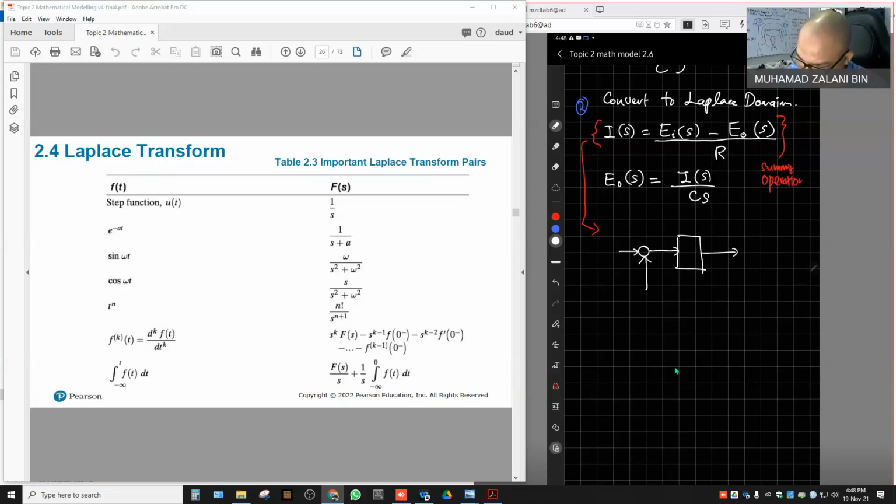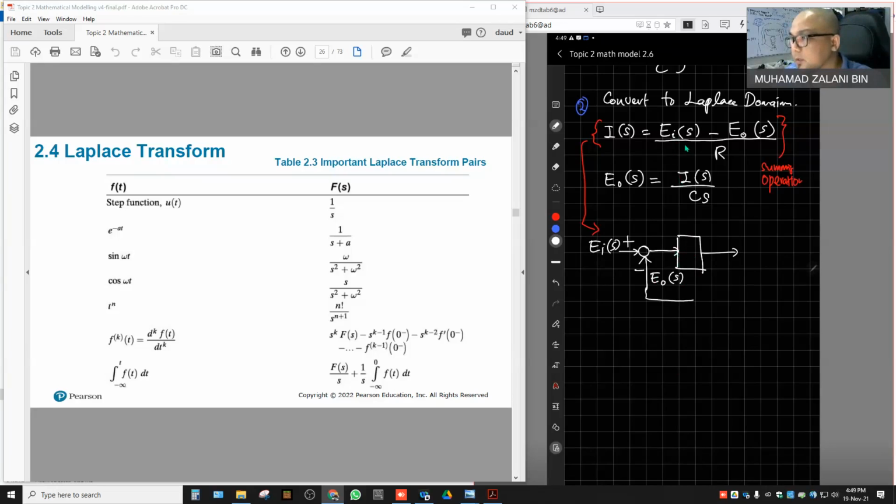Let's say at the summing point, this is negative and this is positive. So it is EI of S minus E naught of S. This is the EI of S function, and the bottom one is the E naught of S function. What about this block?